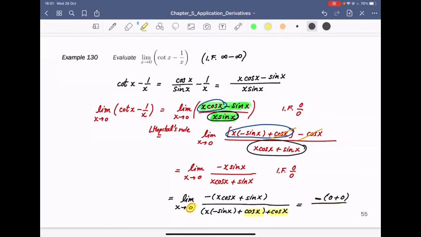Cosine 0 is 1. So you have 0 plus 1 plus 1. So this is 0 over 2, which is actually 0 by using the L'Hopital rule. After you use the L'Hopital rule, it is better, because it clears out the denominator.